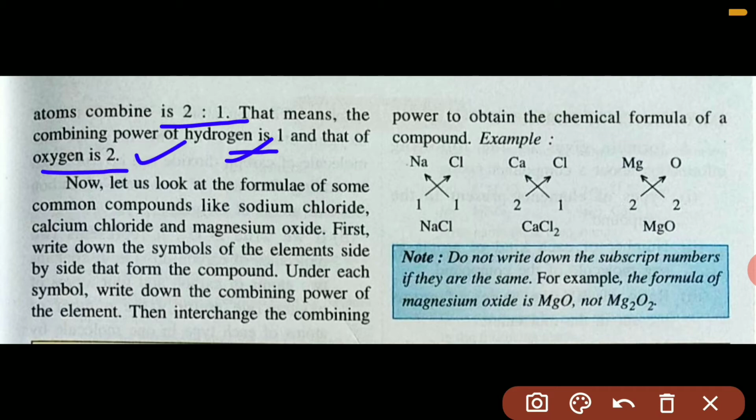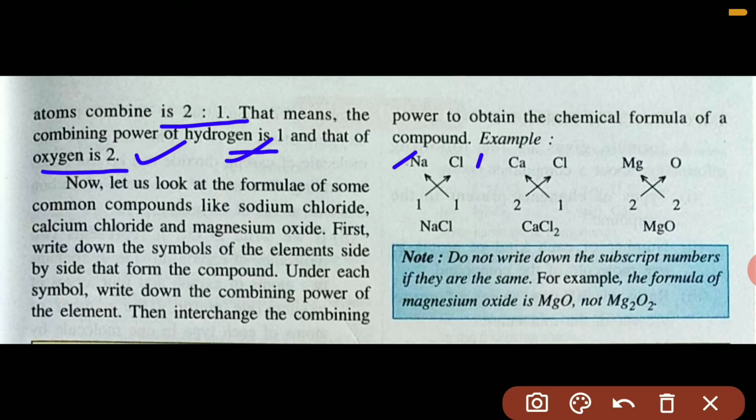Now let us look at the formulae of some common compounds like sodium chloride, calcium chloride, magnesium oxide. First, write down the symbols of the elements that form the compound side by side. Let us take the example of sodium chloride. So we write sodium and chlorine side by side. Under each symbol, write the combining power of the elements.